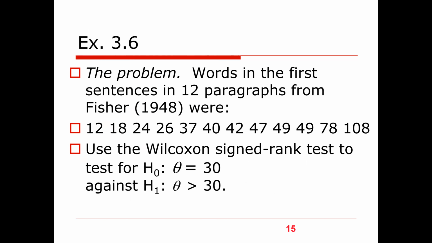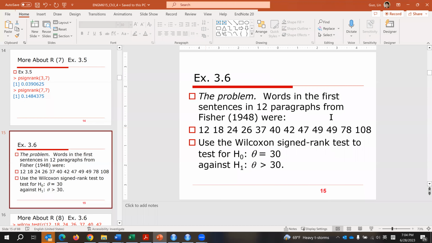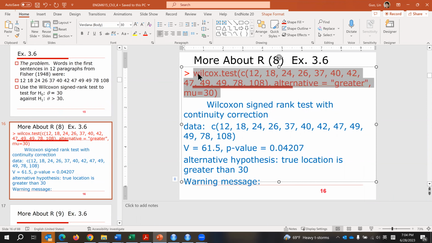So example 3.6, what if we still use Wilcox test for ranks with ties? We know we will get a warning message, but we can also get some results like this. Let's copy and paste this part.